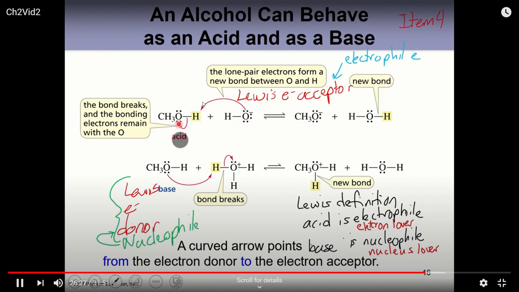So hydrogen is accepting electrons from the oxygen, and then the bond that hydrogen previously had to oxygen is breaking. It's a weak bond. And so then those electrons are going to the oxygen bonded to the methyl group. Okay, this gives us methoxide and water.